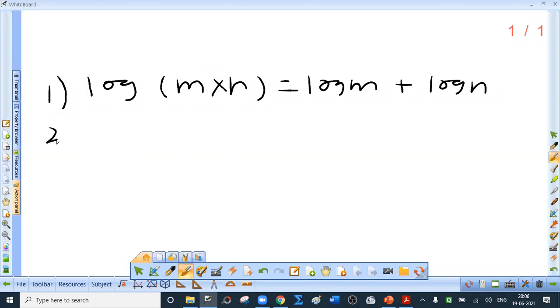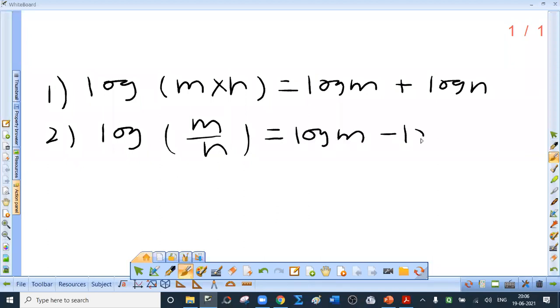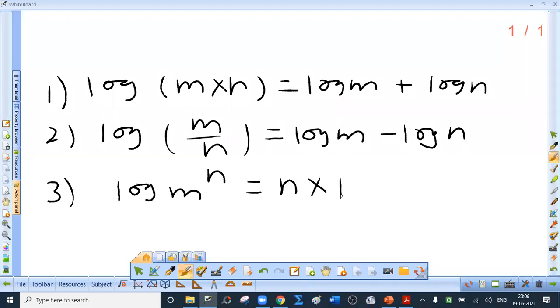Second rule, logarithm of the quotient m upon n is what? It is log m minus log n. So using logarithm, multiplication is converted into addition and division is converted into subtraction. The third rule is very important, logarithm of m raised to n, which is n into log m.